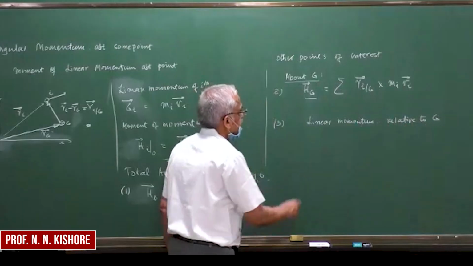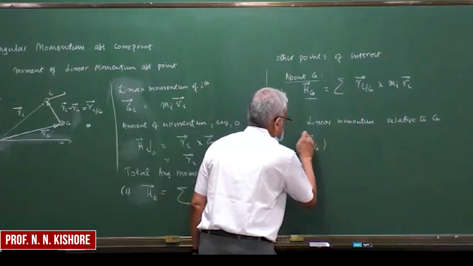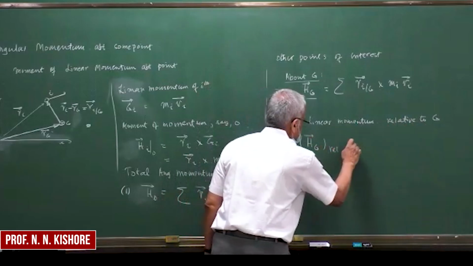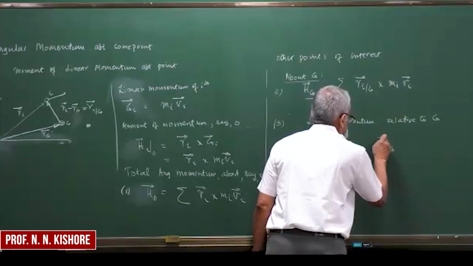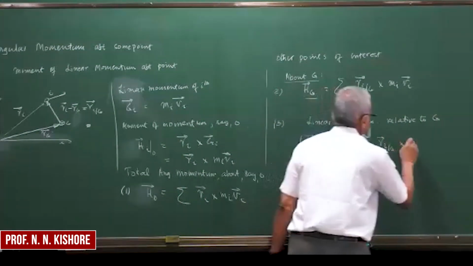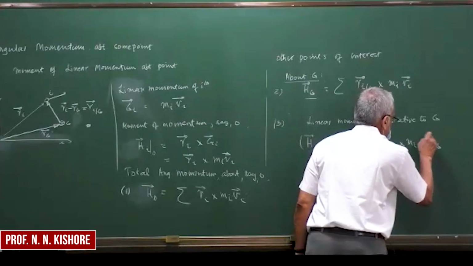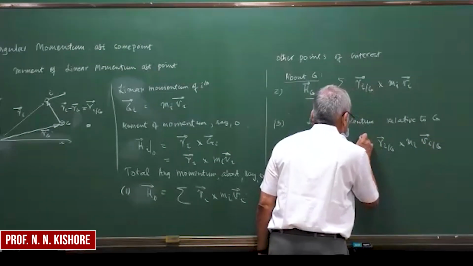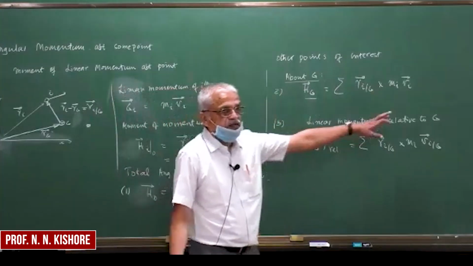What do I mean by this? That means this H_G here, we call it relative, and here the linear momentum we write as m_i v_i/G. So you are seeing various differences.